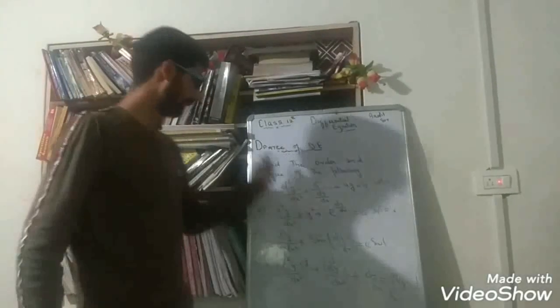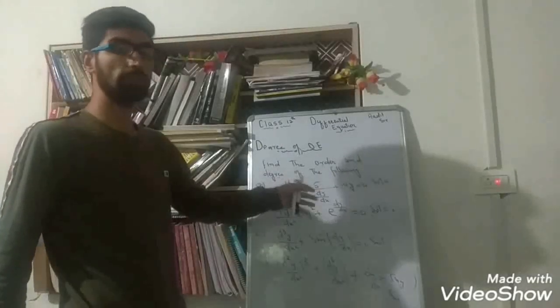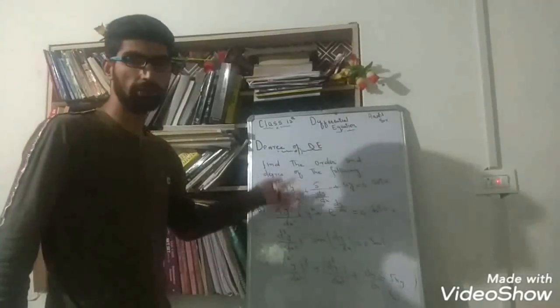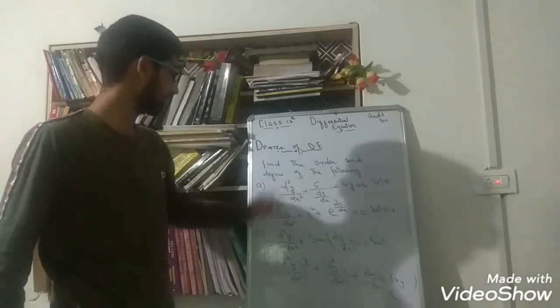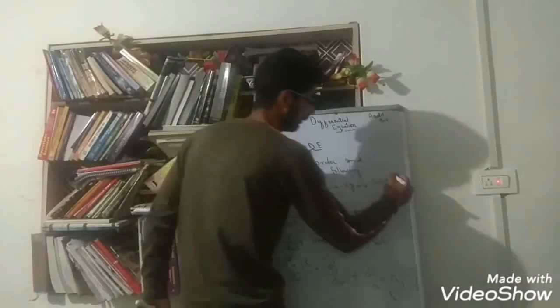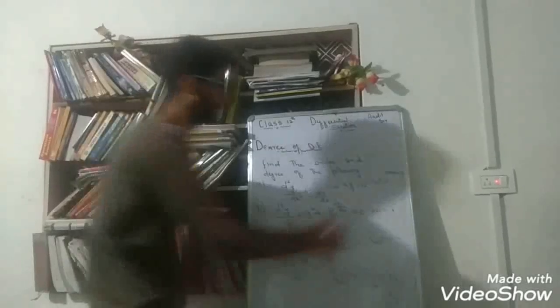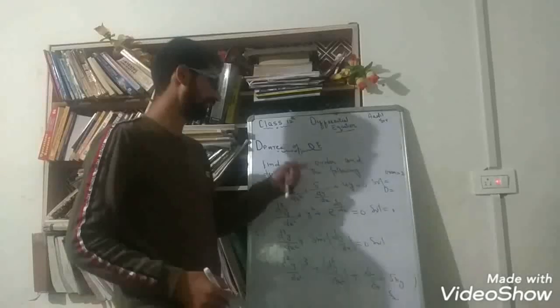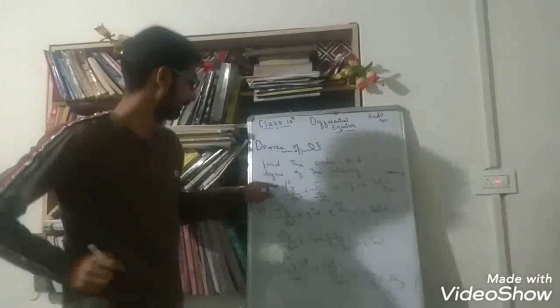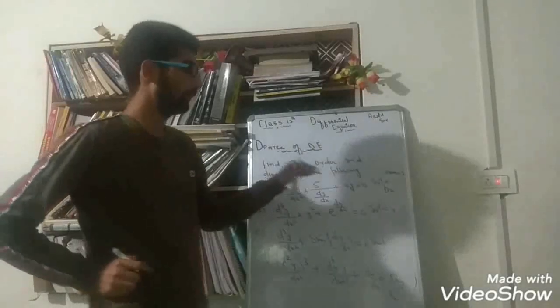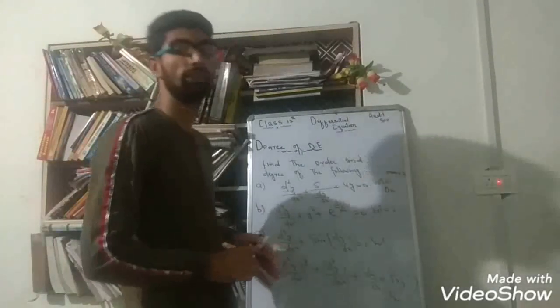Now, first equation. We have to find the order and then degree. What is the order of this equation? The order means the highest order derivative, that is d2y by dx square. So its order is 2. Now, degree is the highest exponent of the highest order derivative. But we know that degree we can only determine when the equation is polynomial.